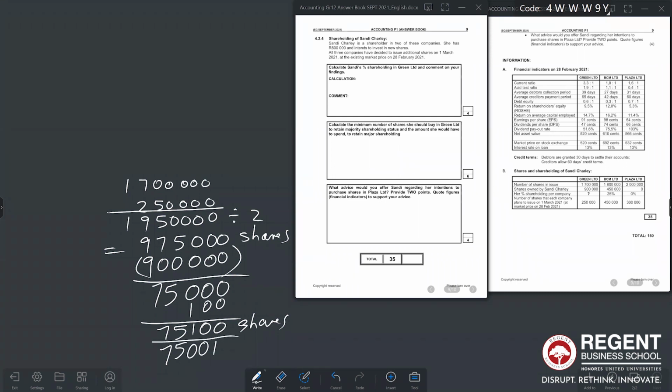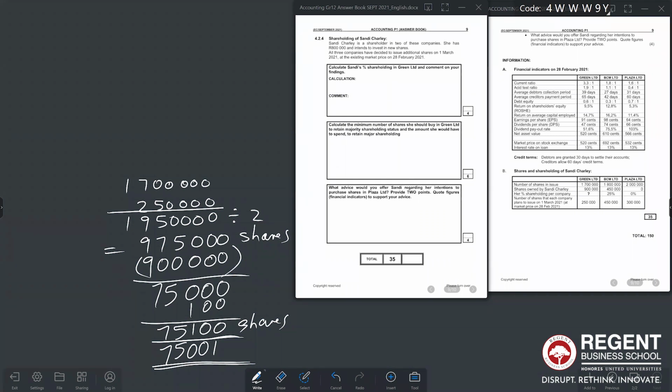So you can give any one of these answers, 75,100 or 75,001. If she buys those shares, she will be the majority shareholder. Nobody can have more shares than her, and she will be controlling in this company. So that would take care of that part.